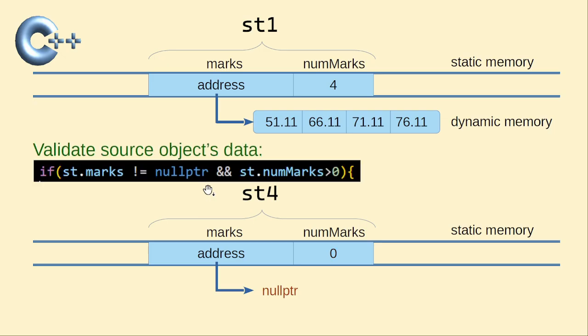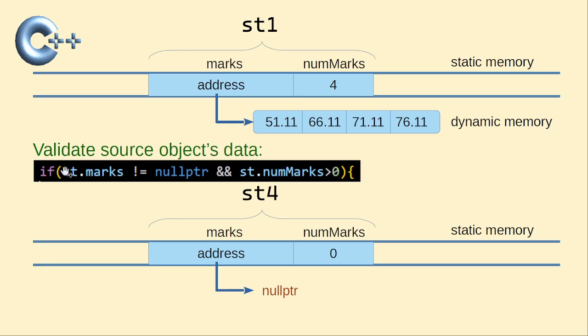Next thing that happened was the validation of the source object. In this case, the source object st is actually st1 object, so it checks whether the marks attribute of st1 object is not null ptr, or it is pointing to a valid address, which is actually a valid address it is pointing to, and number of marks is also positive, which is 4, which is true.